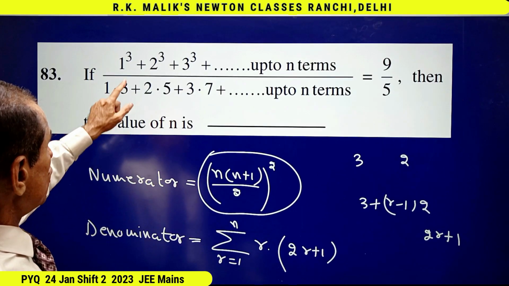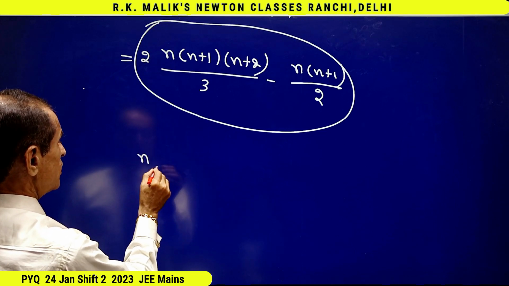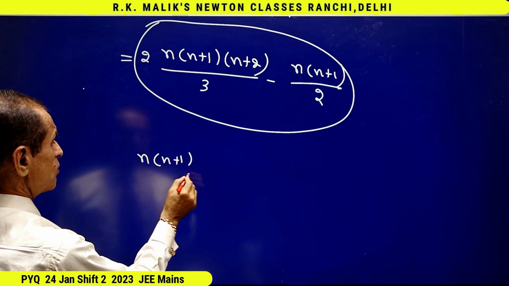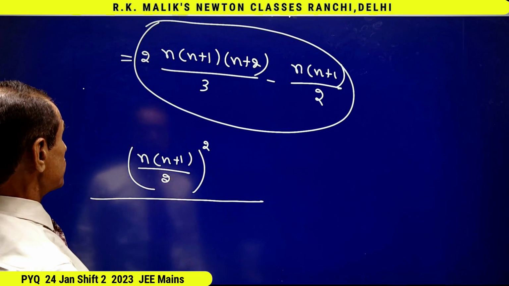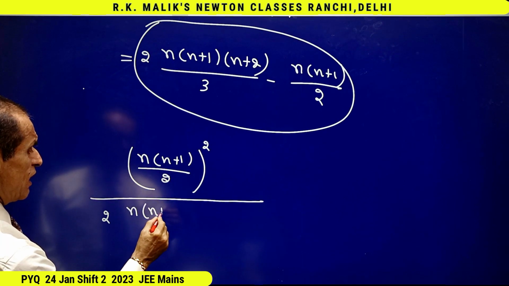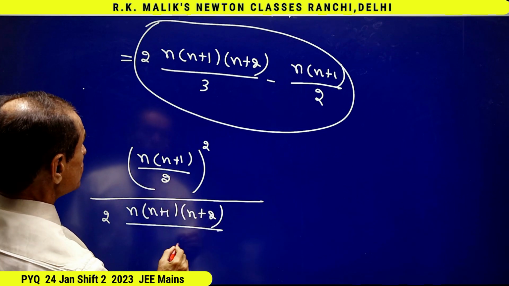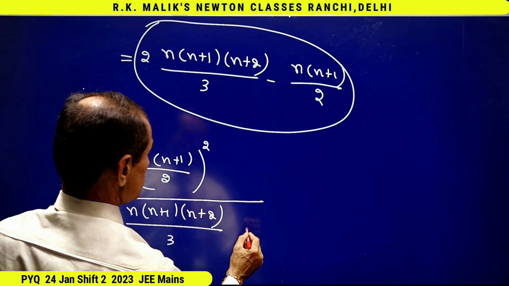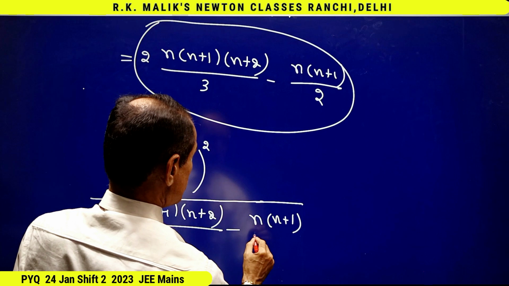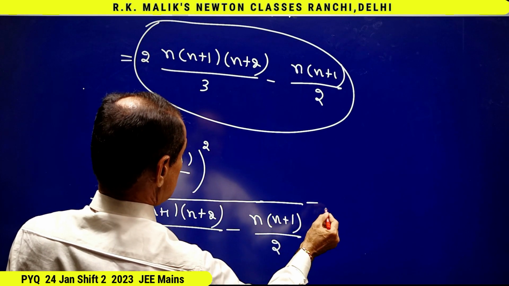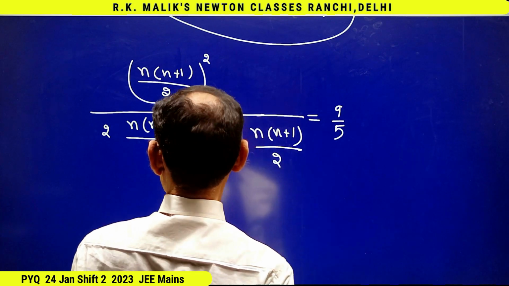And now putting the values of both numerator and denominator, I will get [n into (n plus 1) by 2] whole square upon [2 into n into (n plus 1) into (n plus 2) by 3 minus n into (n plus 1) by 2]. This is equal to 9 by 5.